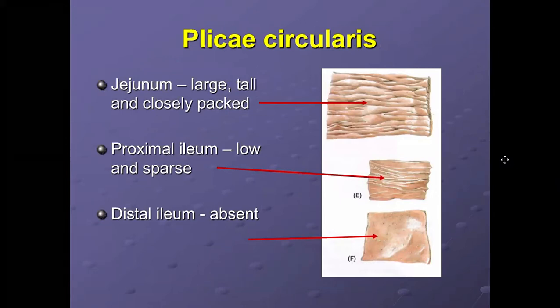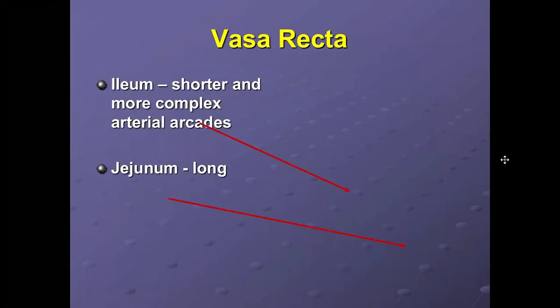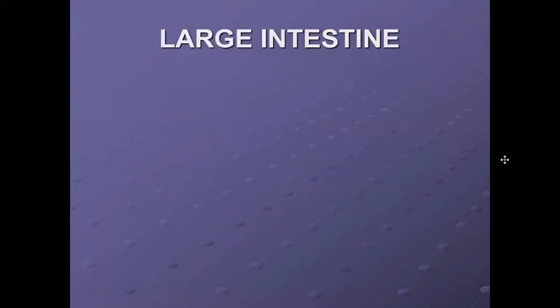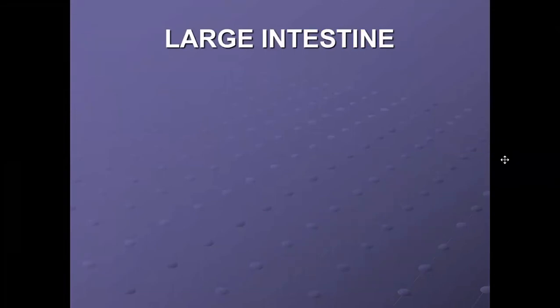In the distal ileum, there are no more plicae circulares. The vasa recta in the ileum is shorter with more complex arterial arcades, while in the jejunum, it is long but not complex. So basically we ended up on that particular small intestine.